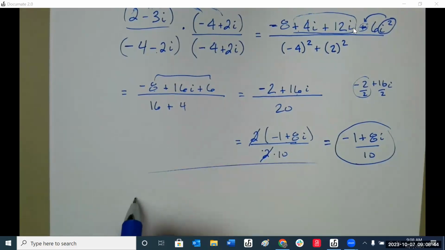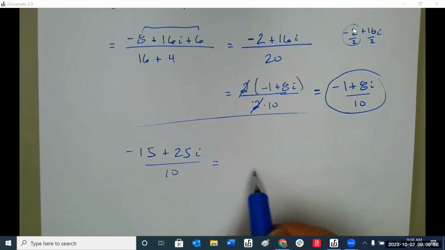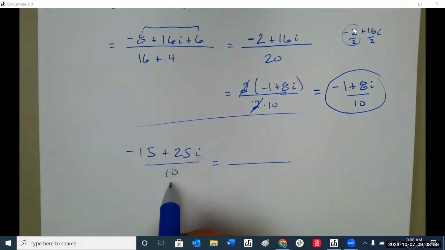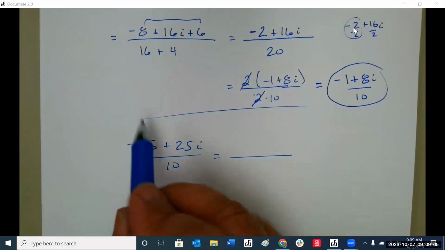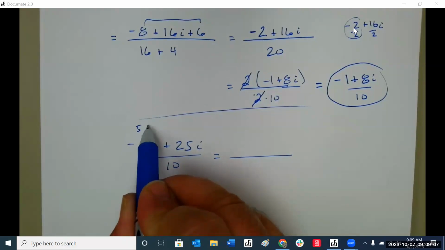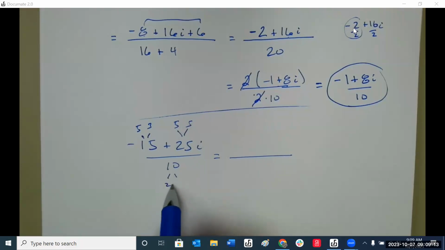Whereas if we had that as a final answer, everybody's divisible by 5. 5 goes in here, 5 times 3, 5 times 5, 2 times 5.